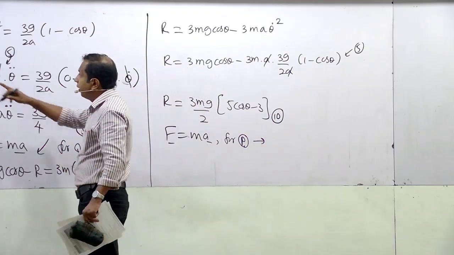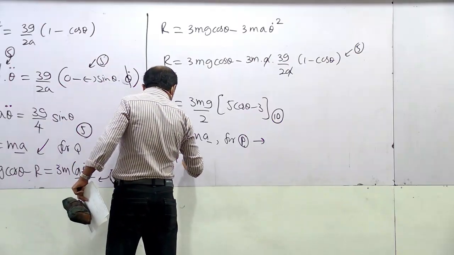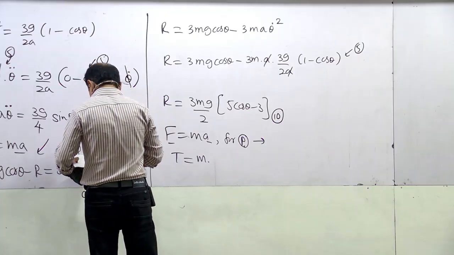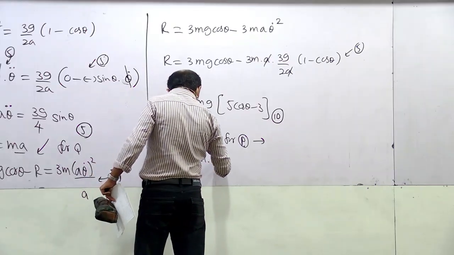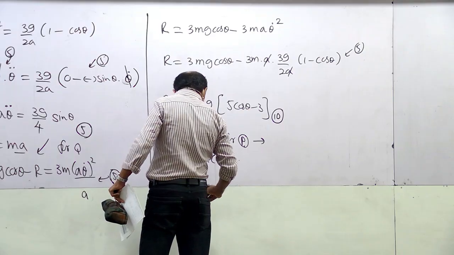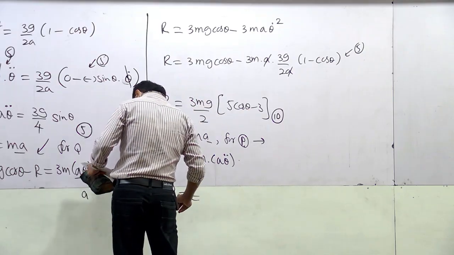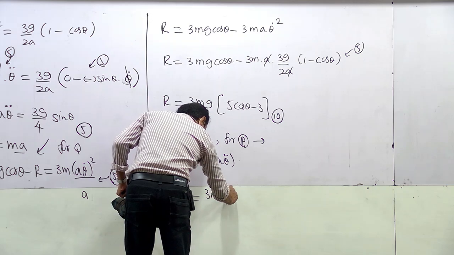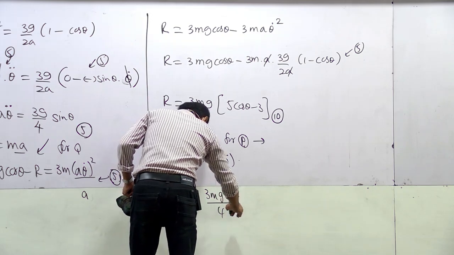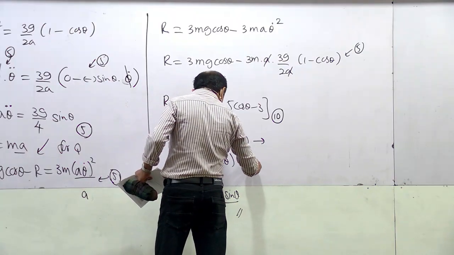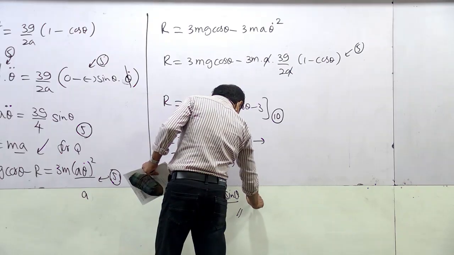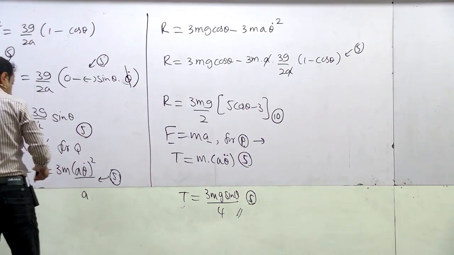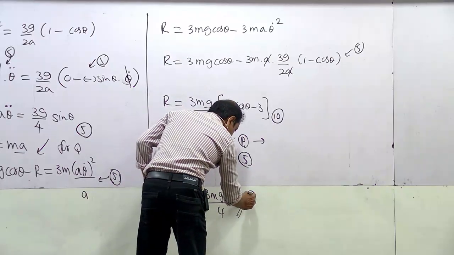There tension is T equals m times acceleration of P. We found 3g by 4 sin theta, a theta double dot, no. Right, and then substitute for this we get T, right, 3mg sin theta by 4. Here 5, here 5. Okay, you see, no, 10 marks coming for the final one. 10.